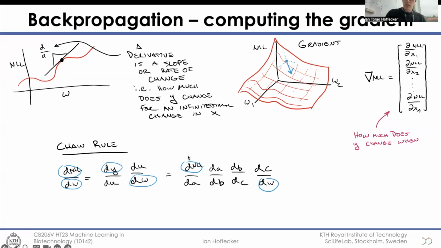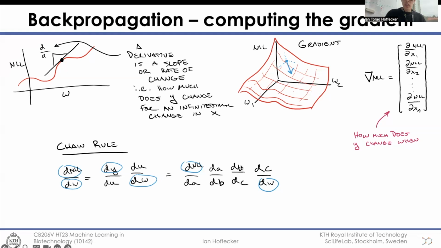Even if we have a hard time directly knowing this value dNLL dw, if we have a way to know these intermediates, then we can compute dNLL dw. That's the big idea here: this is the derivative for a particular weight, and we're going to want to know this value for all of our weights in our network.